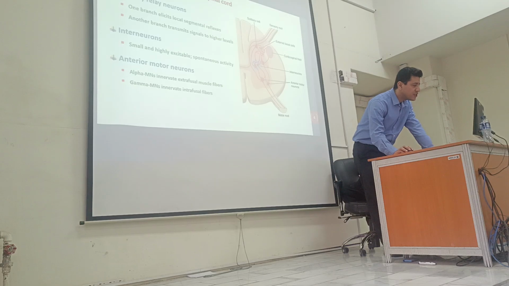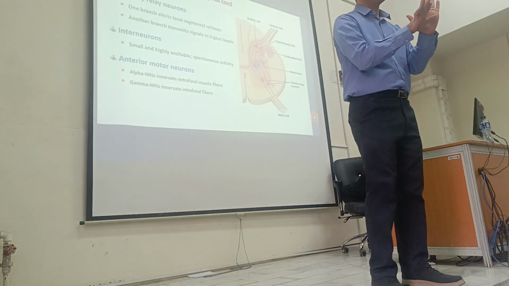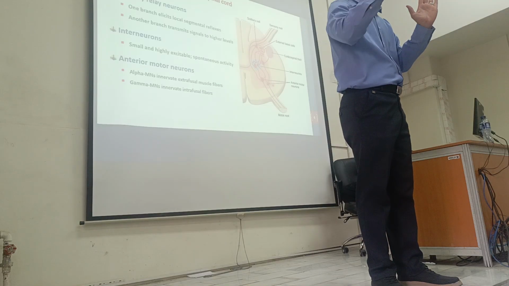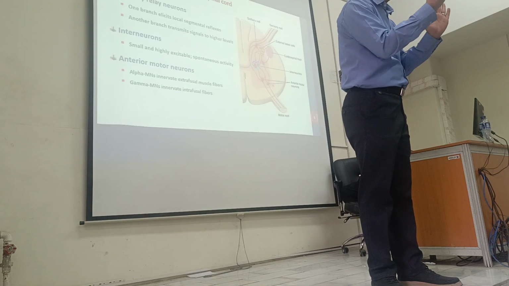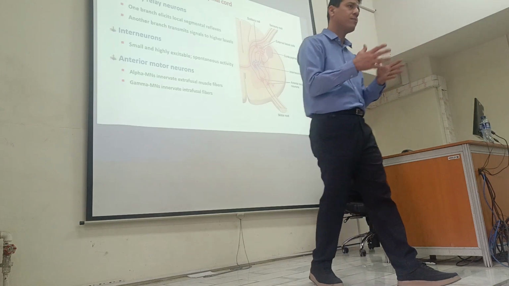But in the ventral horn, we have motor neurons. They connect to the skeletal muscles. Neurons that go from the spinal cord to the muscles have their somas in the ventral horn of the spinal cord.